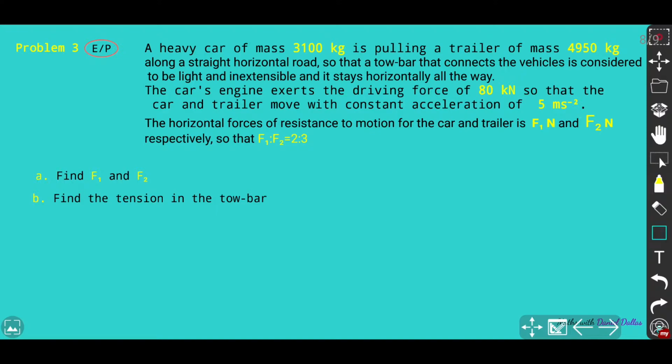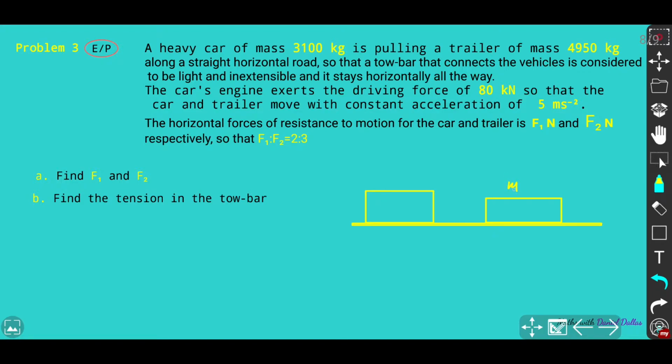First of all, as you can see, the model of connected particles can be applicable here, because there are 2 bodies, the trailer and the car. Let me draw the car a little bit smaller because its mass is smaller than the mass of the trailer, so that's why I will mark it as small m for the mass of the car.